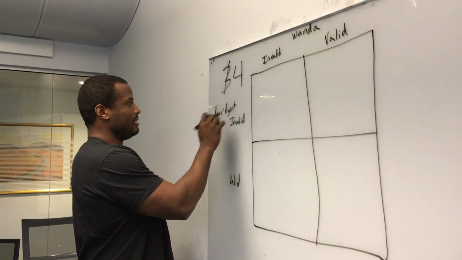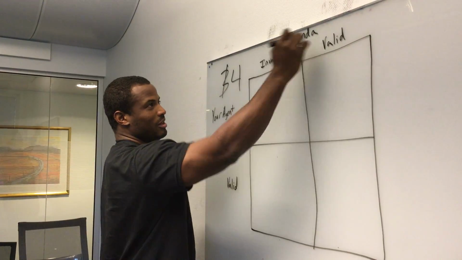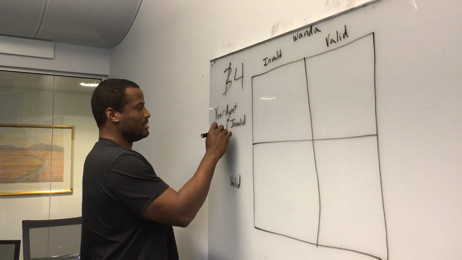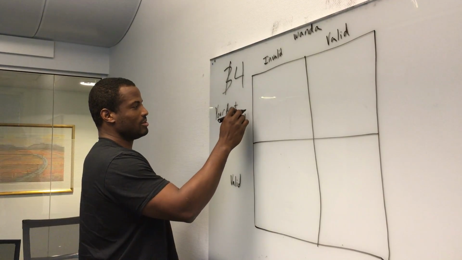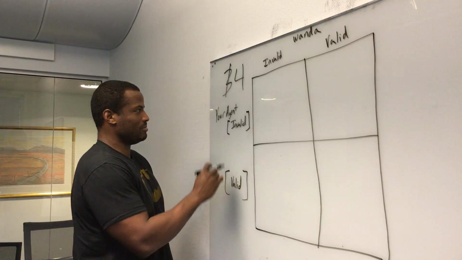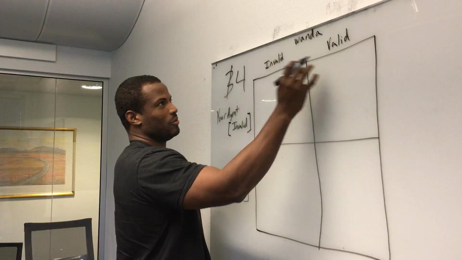So let's say this side of this diagram is your agent, and this side is Wanda. You could have a statement that comes from the user, which is invalid, or one that comes back valid, which means your agent understands it or your agent doesn't. And then the same thing goes for Wanda.